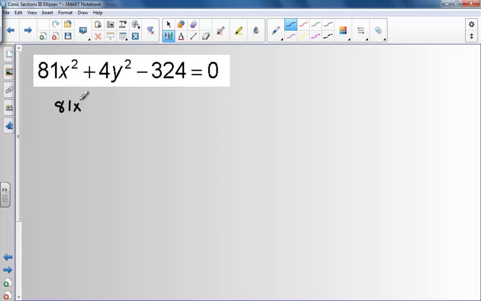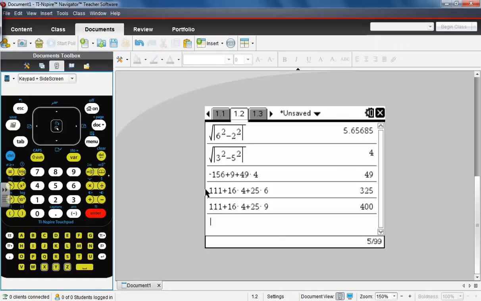So I'm going to put my variable terms on one side and move my constant to the other side. And I need it equal to 1, so this one is really a pretty easy problem. I'm just dividing everything by the constant. So 81 over 324, I need the x squared, and I'm pretty sure that reduces down to 1 over 4.